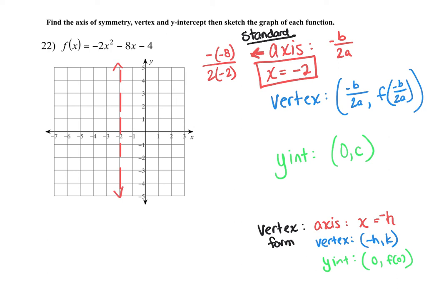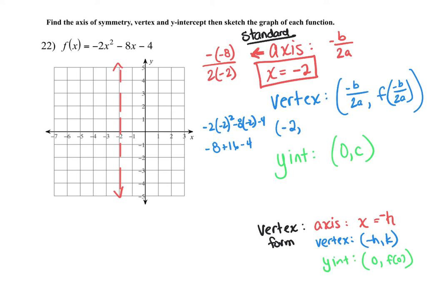My vertex then, well, my x value is negative 2, I just figured that out. And then I'm going to plug it in: negative 2 times negative 2 squared minus 8 times negative 2 minus 4. So negative 2 squared is 4 times negative 2 is negative 8. Negative 8 minus negative 16 is 8, minus 4.